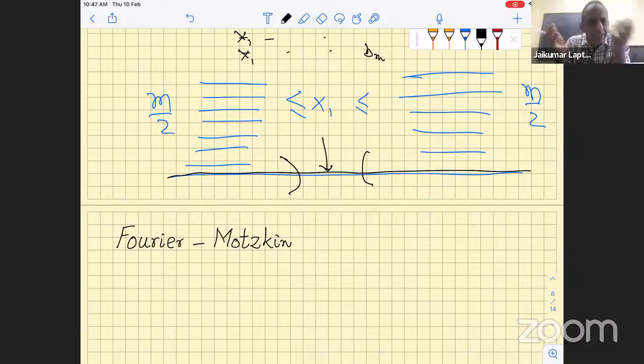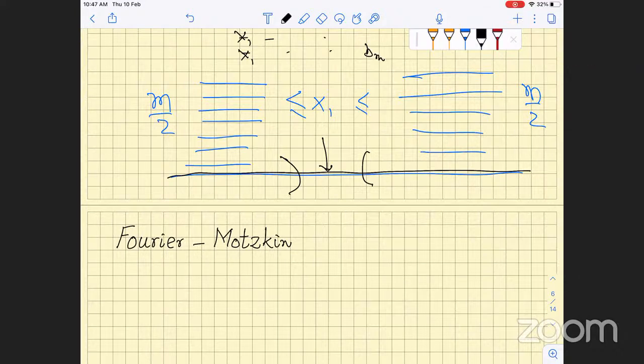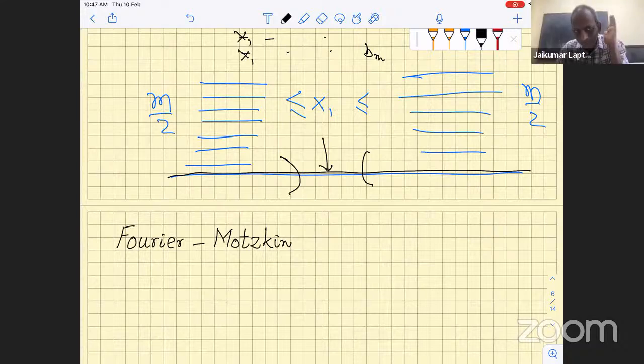Some of them provide upper bounds for x2, and some of them provide lower bounds for x2. And you keep doing this. You eliminate x2 now. Again, take a Cartesian product. The number of equations might blow up, might even be exponential. But we are just trying to prove the principle. We are not trying to say that this is an efficient method.